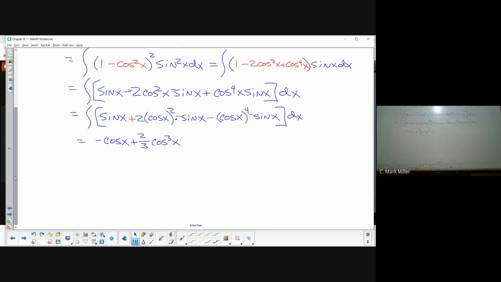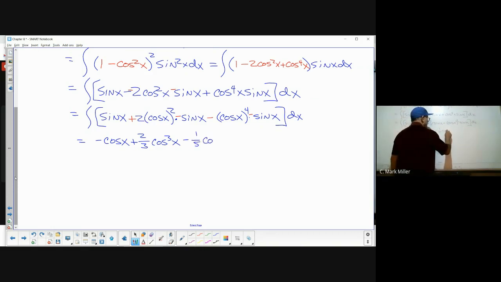Here, cosine to the 4th times negative, that's going to be a cosine to the 5th, right? Excuse me. So it's going to be minus 1/5 cosine to the 5th x.